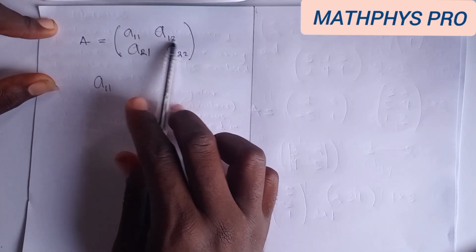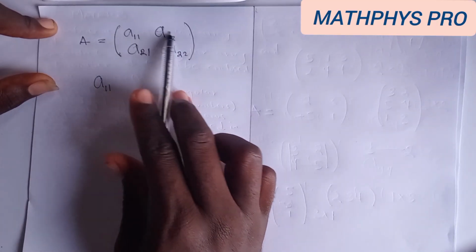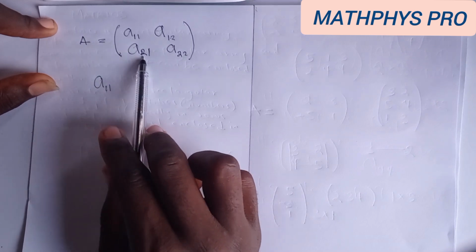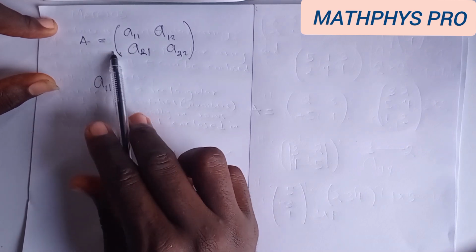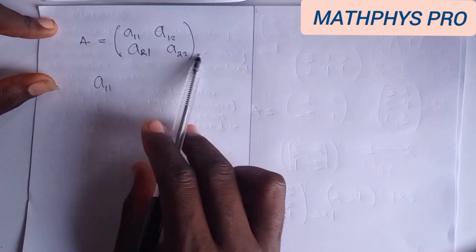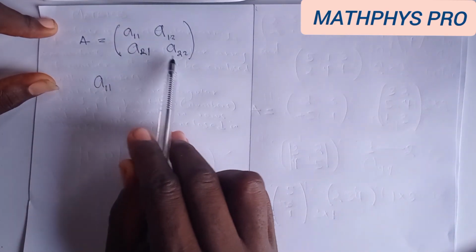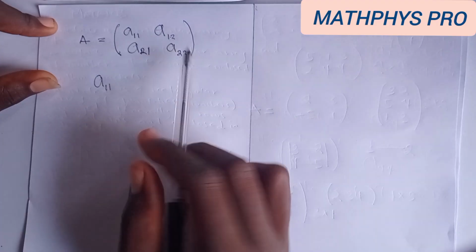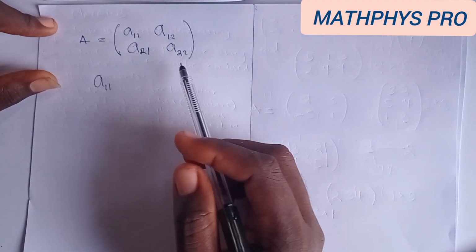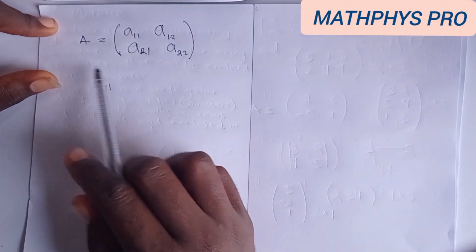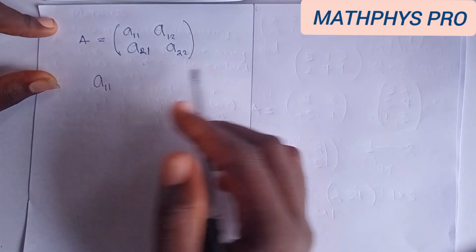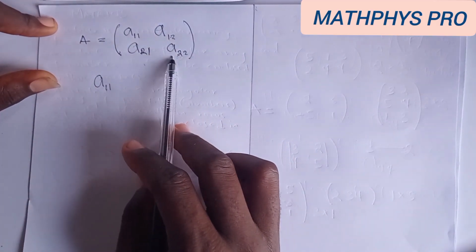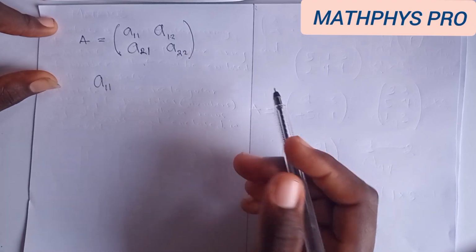Now a subscript 1 2 means that it is in the first row and the second column. a subscript 2 1 means that it is in the second row and the first column. a subscript 2 2 means that it is in the second row and also in the second column.